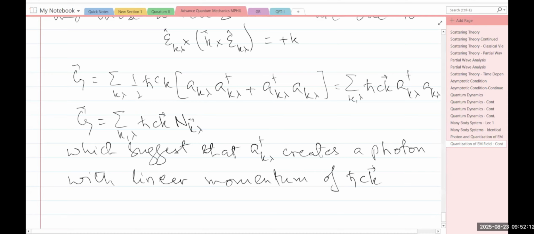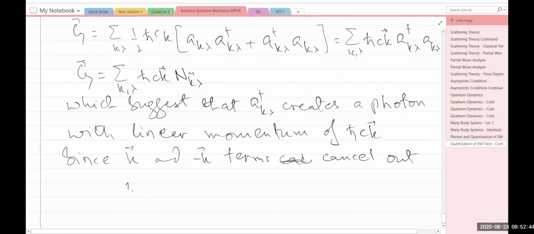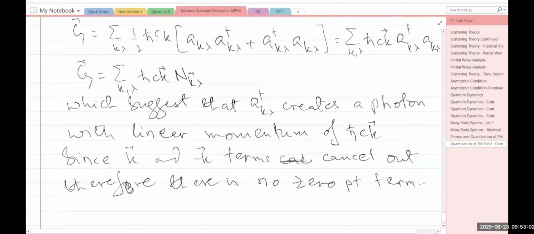Because k and minus k terms are cancelling, that zero point term would also cancel out. Therefore there is no zero point term.